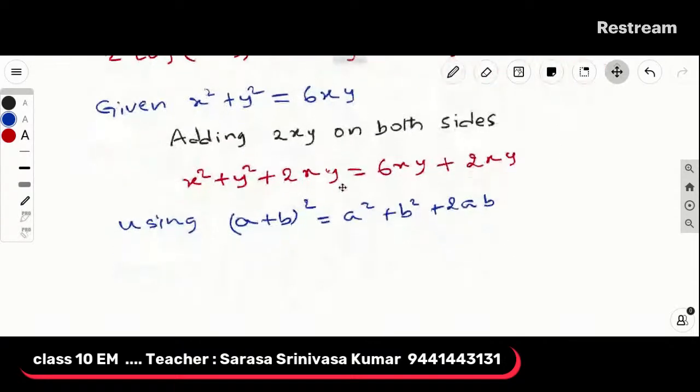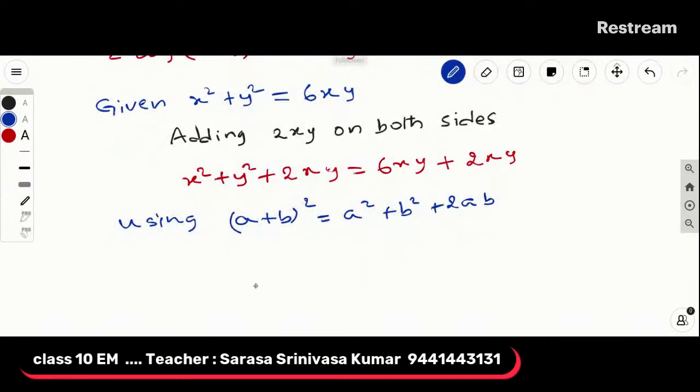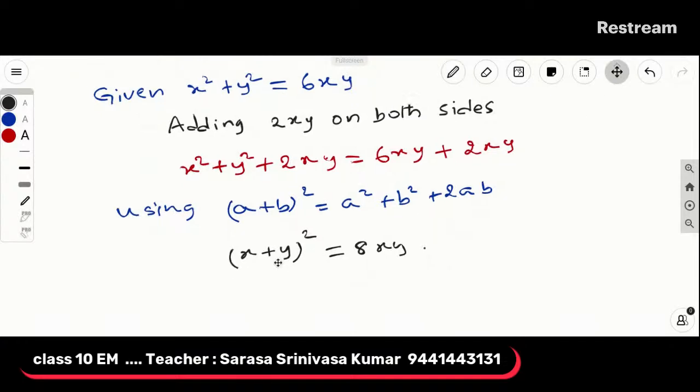We can write the left hand side as (x plus y) whole square, and 6xy plus 2xy can be written as 8xy. Now, taking logarithms on both sides.